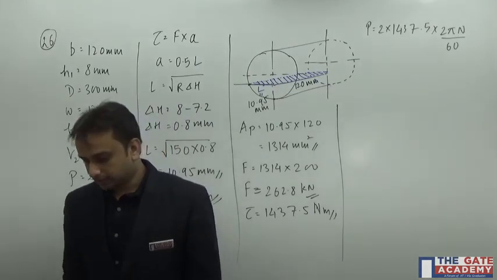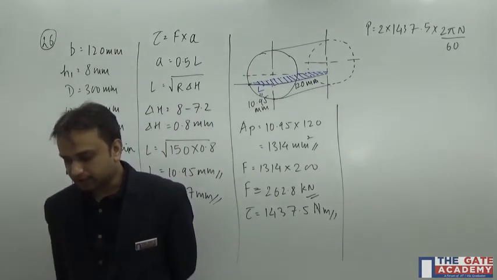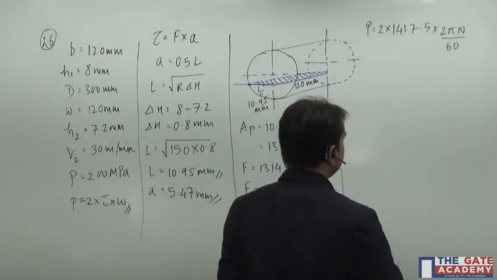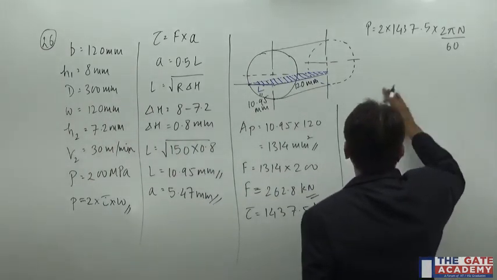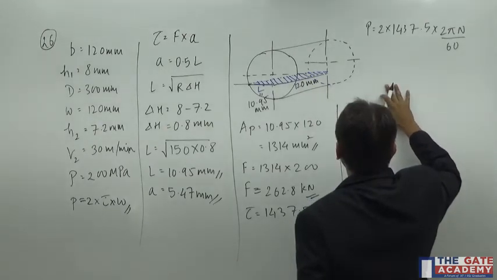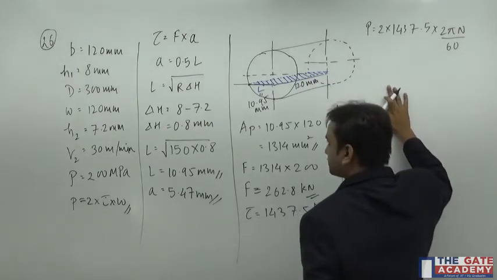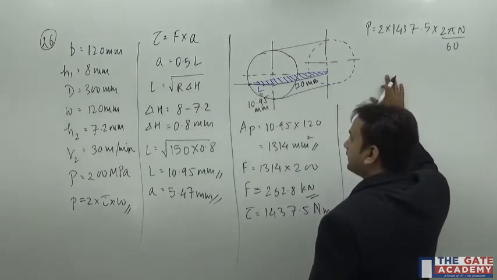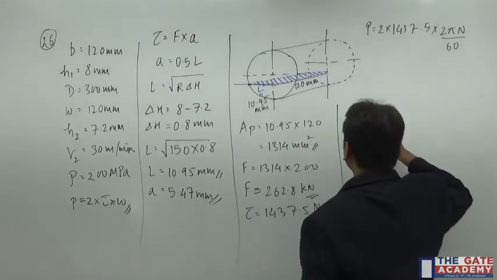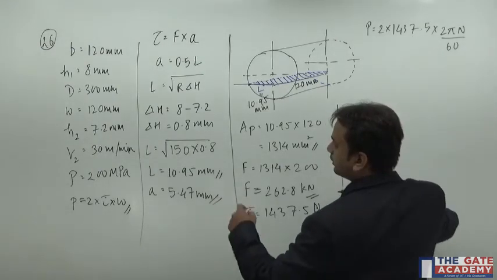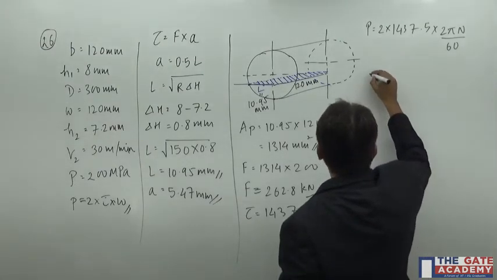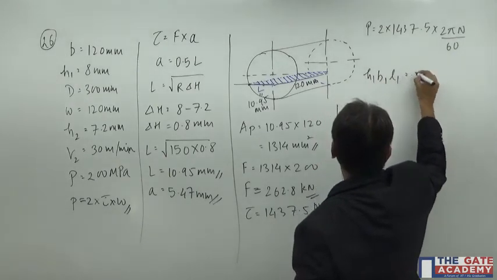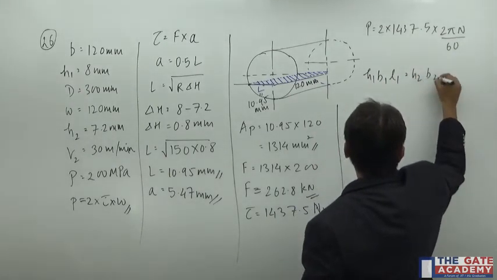Alright? So let us firstly calculate the inlet velocity. And to calculate the inlet velocity, let me tell you that we can use the mass conservation principle, that the volume of the material before and after deformation is going to be same. So see, the width is 120 given to you. So that means H1, B1 and L1 is going to be equal to H2, B2 and L2.